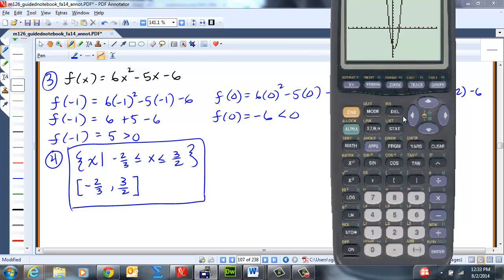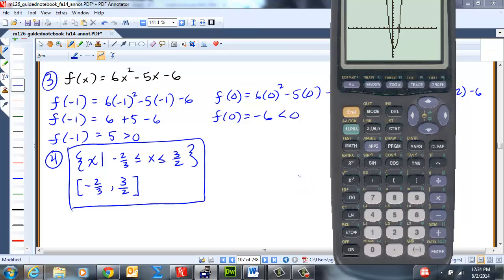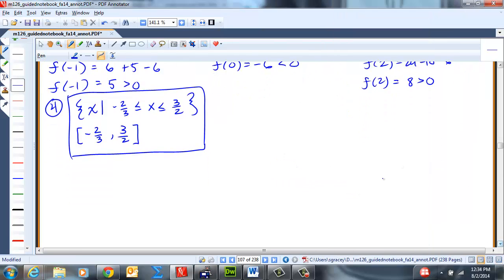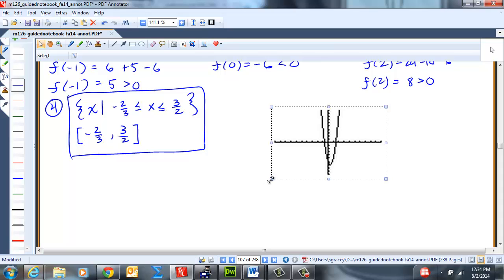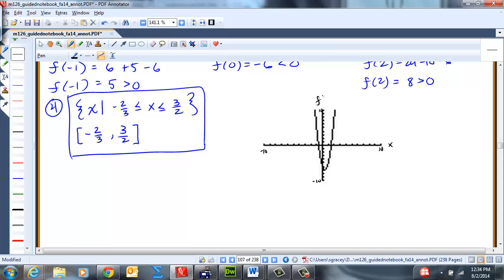Okay, so this guy, what we'll have going on is our scale, again, that's x and f at x.